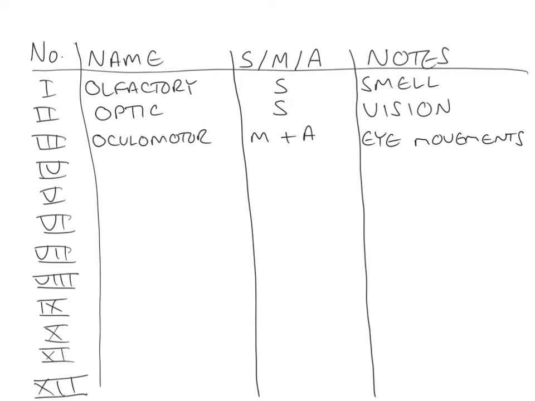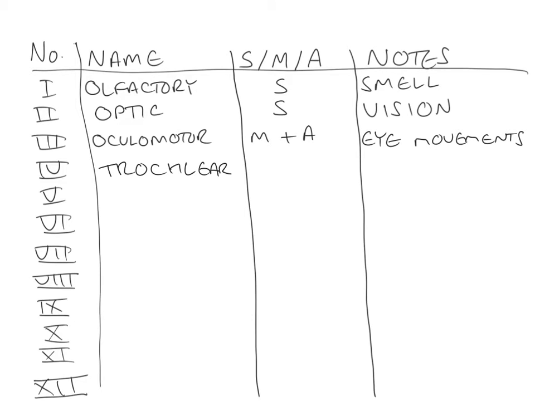Now, the three nerves that we've looked at so far, when you look at them physically in the dissecting room, they're actually quite big nerves. However, the fourth cranial nerve, known as the Trochlear Nerve, is actually really quite a small nerve.